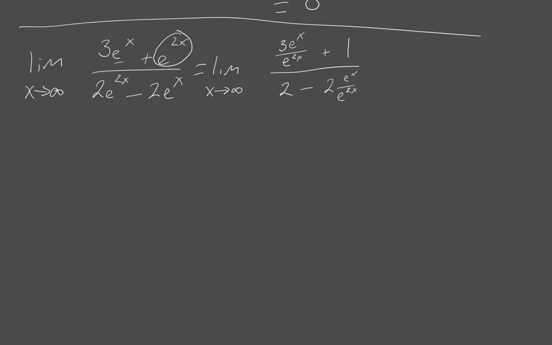Okay, we said that the denominator grows faster than the numerator, and so because we've done that, we've taken the thing that grows bigger. The fraction is going to have a much bigger denominator in the long run than the numerator is. So this is going to go to 0, and this is going to go to 0, and I'm going to be left with 1 over 2. So that's going to go to 1/2.